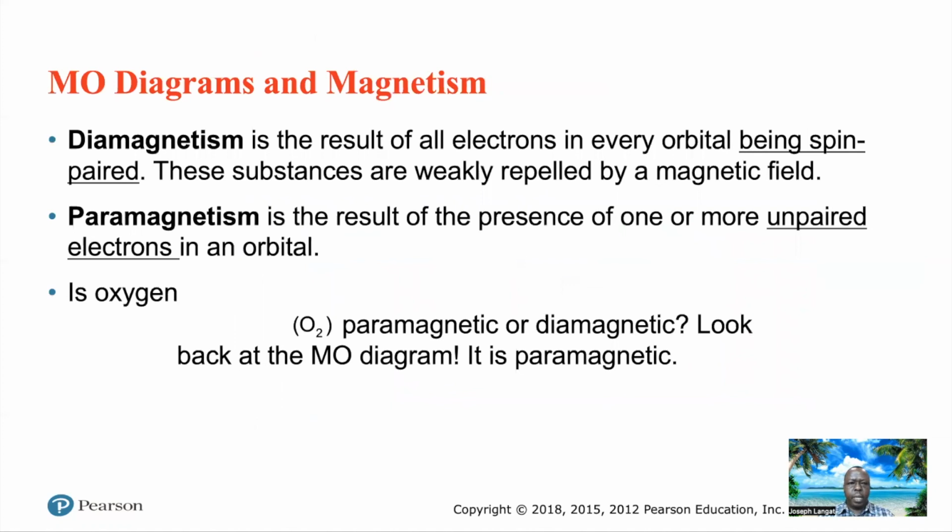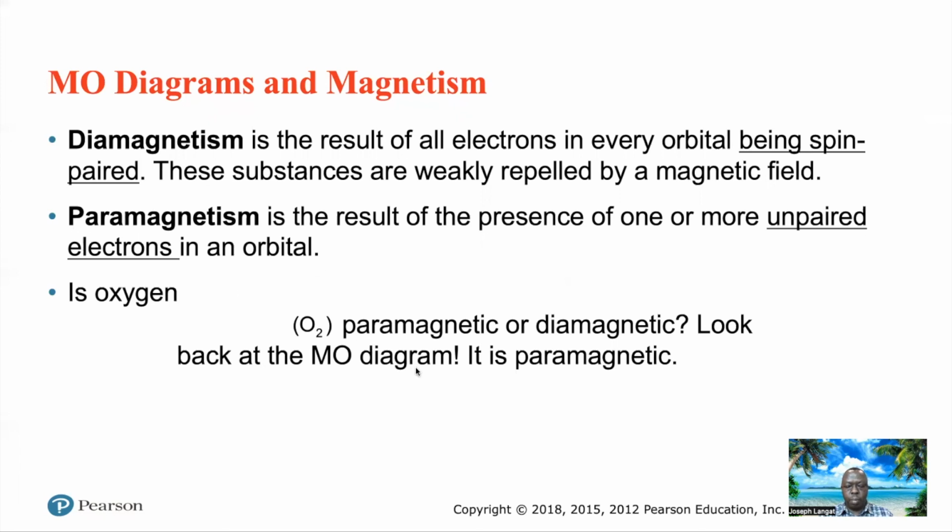I've explained earlier what is meant by paramagnetic. Diamagnetic substances are those with paired electrons; if all of them are paired, we say diamagnetic. Paramagnetism is the presence of one or more unpaired electrons.